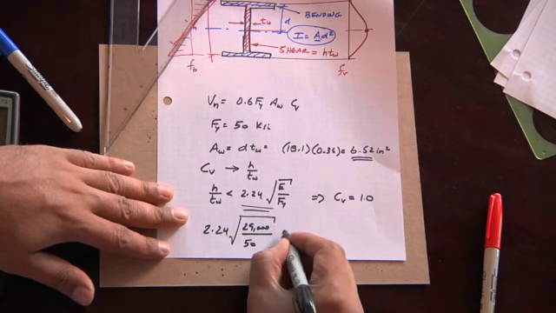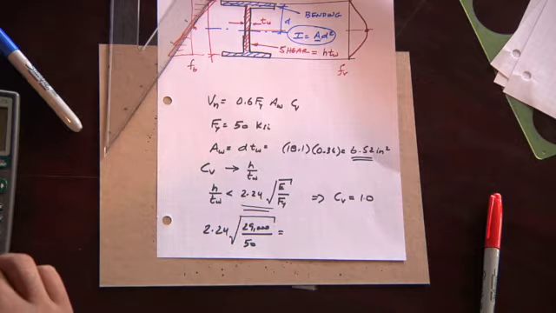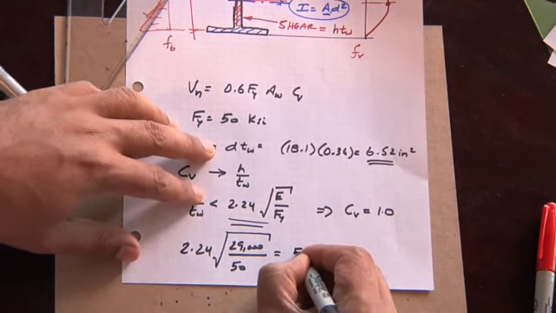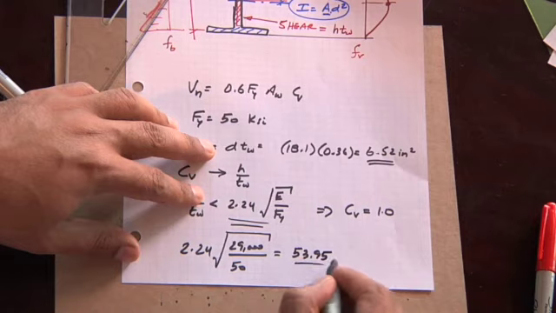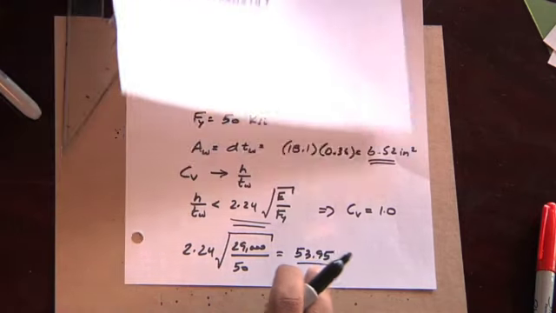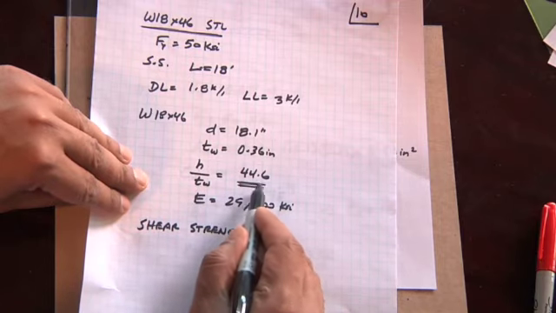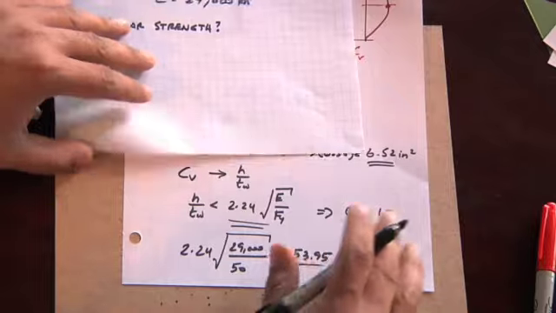You've got to keep your units straight. Let's do that. 29,000 divided by 50, take the square root, times 2.24 is 53.95. So that's our limit. And in this case, our depth to thickness ratio, I'm using h and d kind of interchangeably, but they're the same thing, is 44.6. So 44.6, sheet number 12.